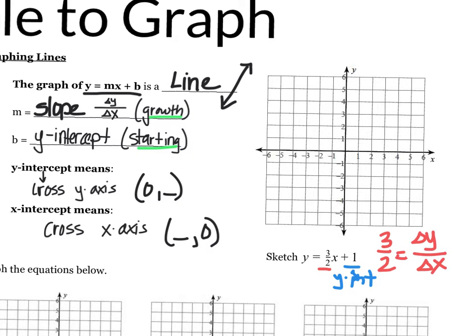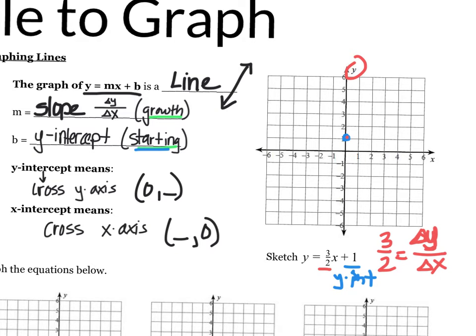So now we're going to start at 1 and grow by 3 over 2. We always use our starting point first. So that's a y-intercept, up at 1. That's my first point that I plot. Then the next points that I plot are based on my growth. My change in y is 3, so in the y direction, I'm going to go up 3.